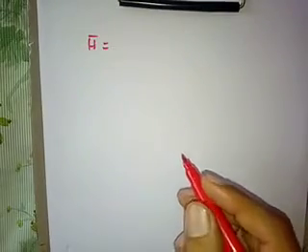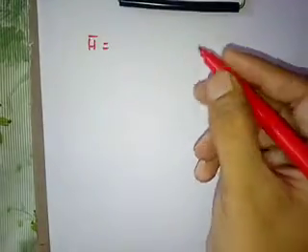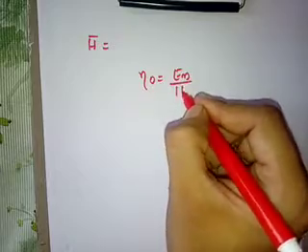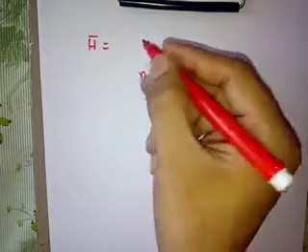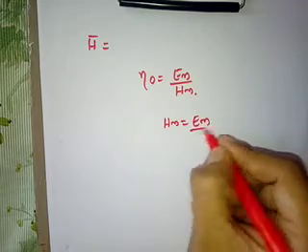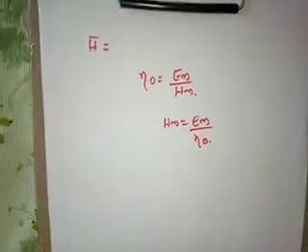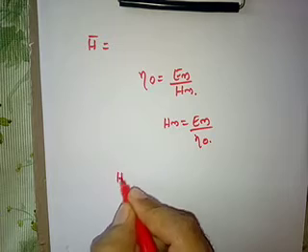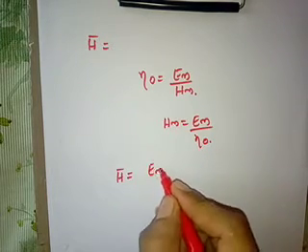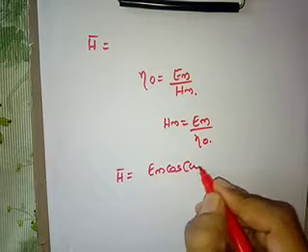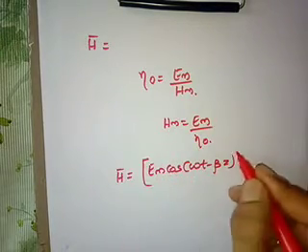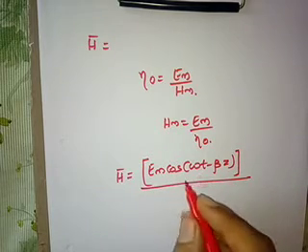Eta naught is equal to Em by Hm, so Hm is equal to Em upon eta naught. So I can write H bar is equal to, right, what is Em? Em cos of omega t minus beta z, divided by eta naught.